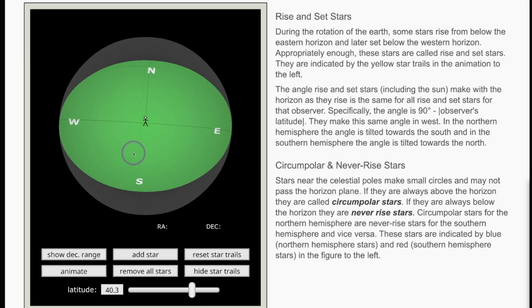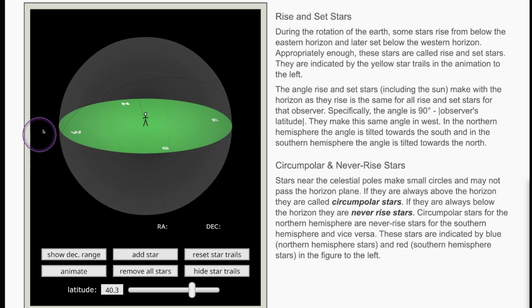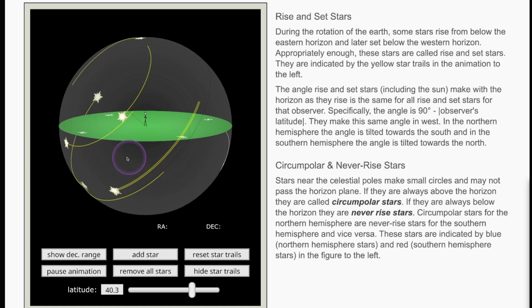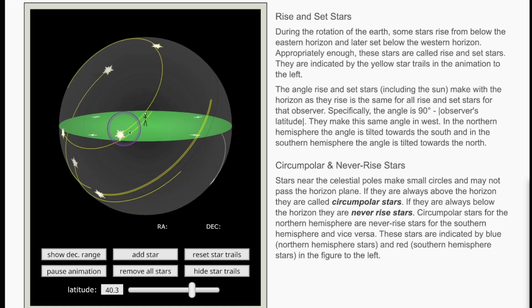Here you go, Dave. Same tool that you were using. Notice that it has the four cardinal directions on a plane in a circle of sight, not inside of a complete dome. Let's add a couple of stars here and animate this. Now you can see that this is the graphic that David Weiss was using.